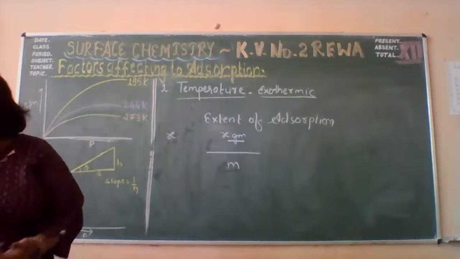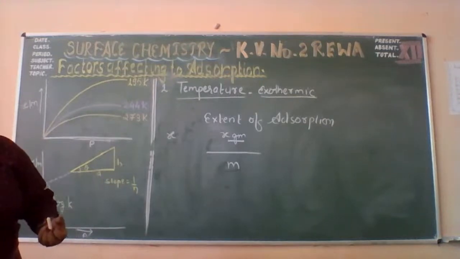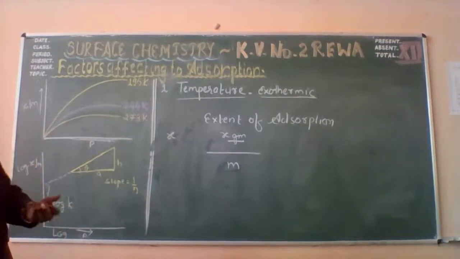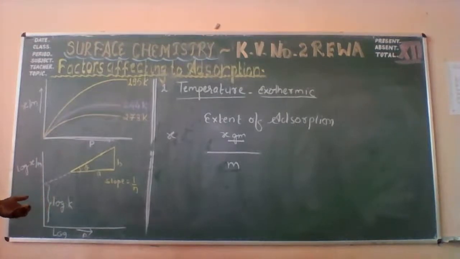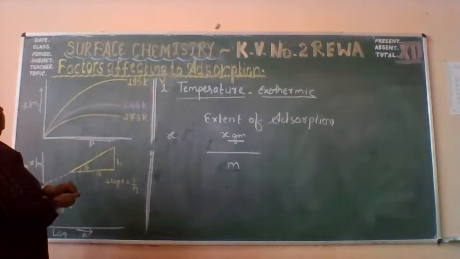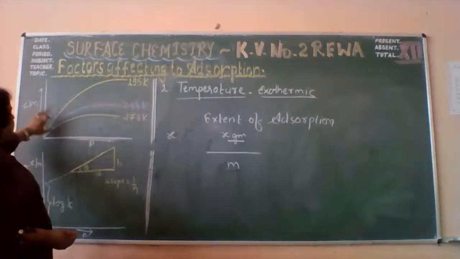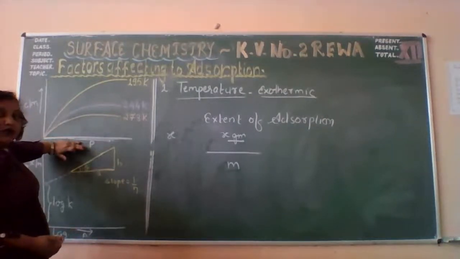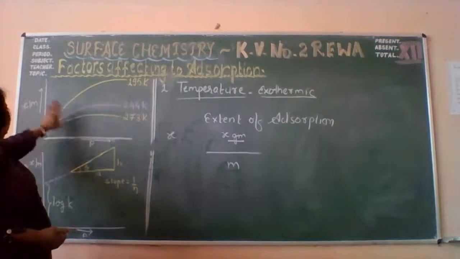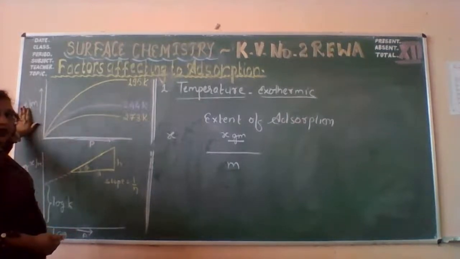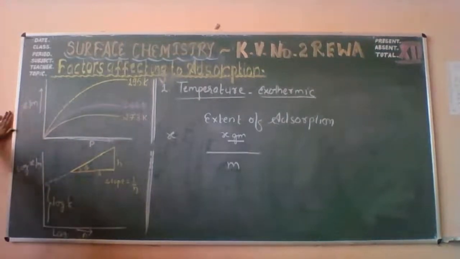Although this I have drawn for the purpose of the effect of pressure, then also we can see here, this is a graph that I have plotted. This is P, on the x-axis I have taken the variable P, and X upon M, the extent of the adsorption.